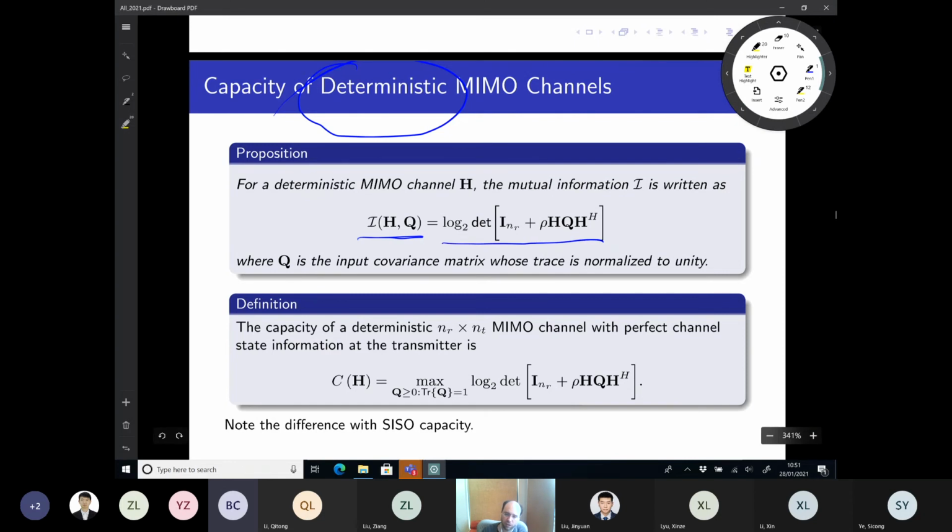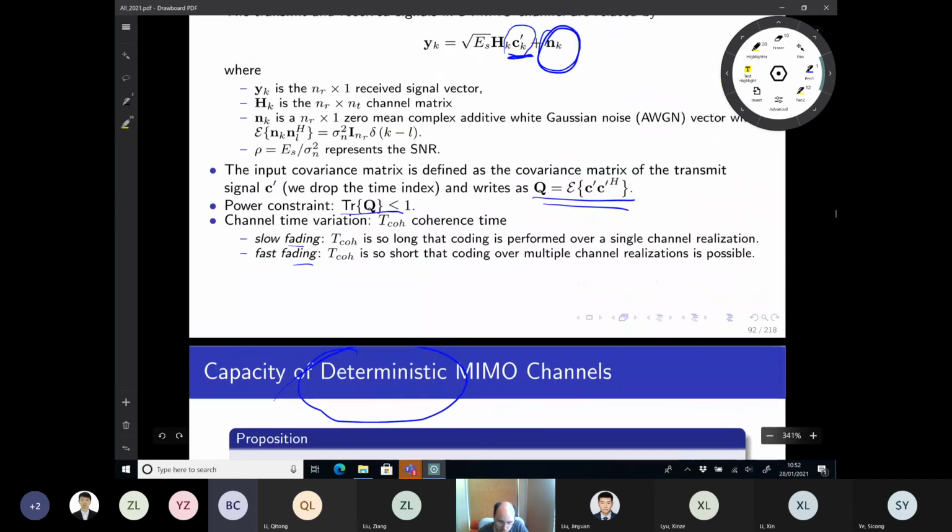What I want you to understand here is what that means. Here we have a mutual information which is equivalent to what we had in the SISO case. In the SISO case we had this, 1 plus SNR, and this is with Gaussian input. So here I assume still I have Gaussian input, so my C, C prime, are Gaussian distributed.